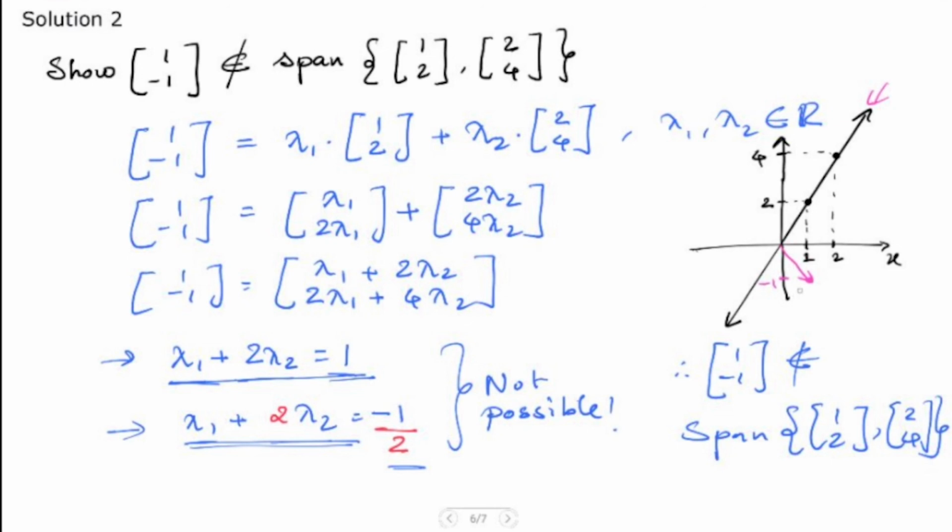Therefore it can never be an element of this span, because this set over here, the span of the vectors (1, 2) and (2, 4), is only spanning this line. Anything in this line is spanned. So anything out of this line, as you can see, this point here or this vector here, which is (1, -1), is not an element of the line here, right? So that's graphically shown. And that's the end of this section.